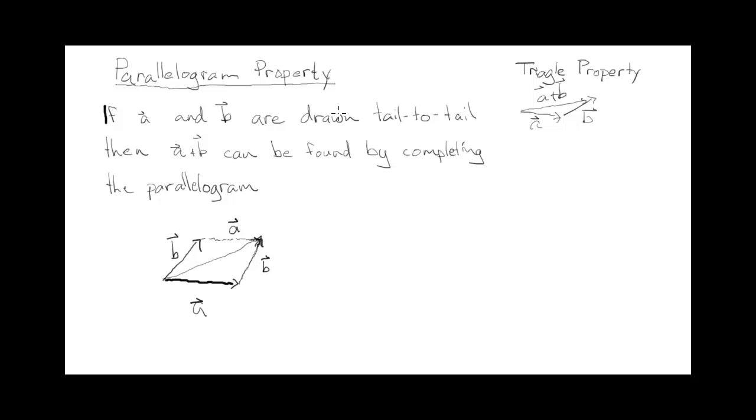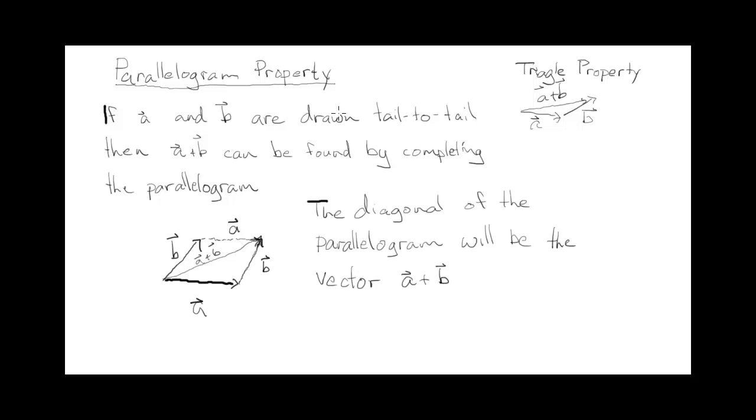And there I've got the triangle property here, or up top I've got a triangle up here too. So this diagonal is the vector A plus B. Okay, so in this parallelogram, the diagonal of the parallelogram will be the vector A plus B.